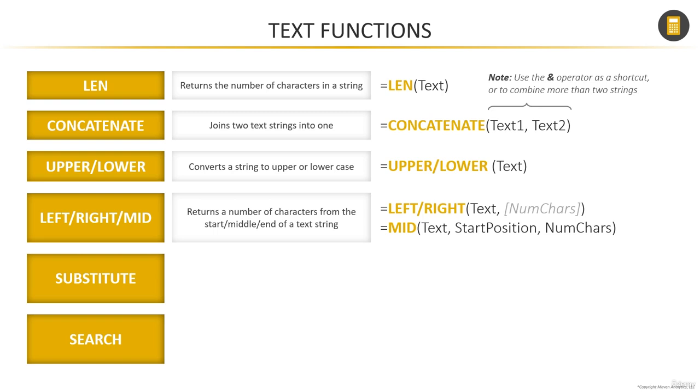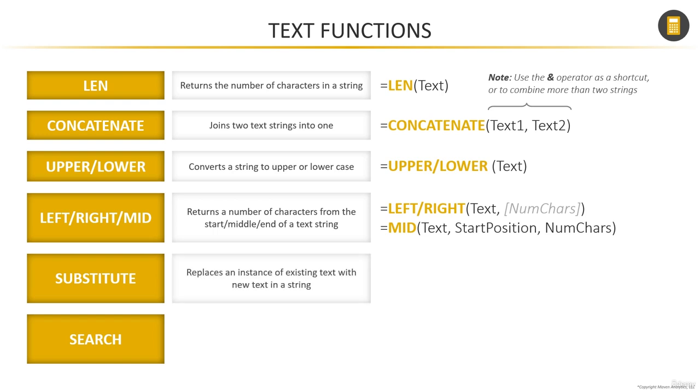You point to the text column and then indicate a number of characters. Note that that's an optional argument. If you don't put anything there, it will return 1. So 1 is the default number of characters. For mid, there's an extra argument to point to text. You say, hey, I want to start in character position 4 or 5 or whatever position you want, and then extend or return a specific number of characters from there.